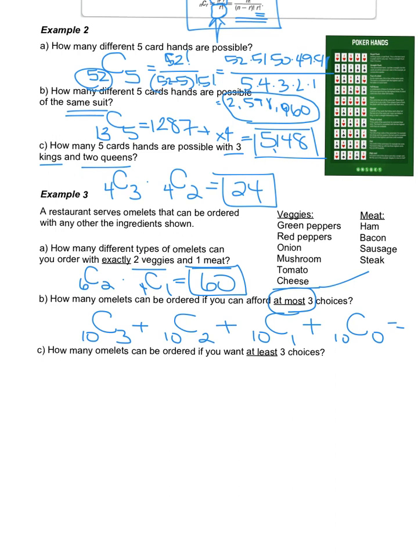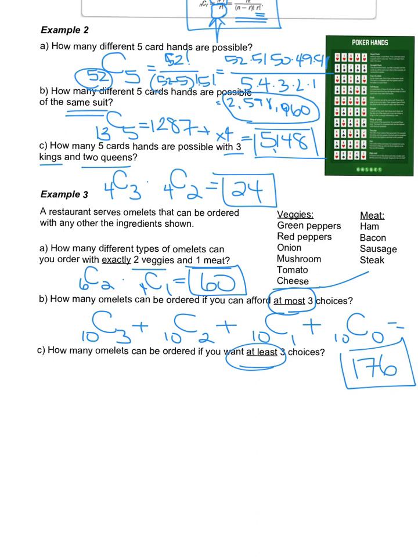Those events don't occur simultaneously, which is why we figure out those outcomes separately and then add them together. When you add them together, you figure out there are 176 different omelet combinations with at most 3 choices.